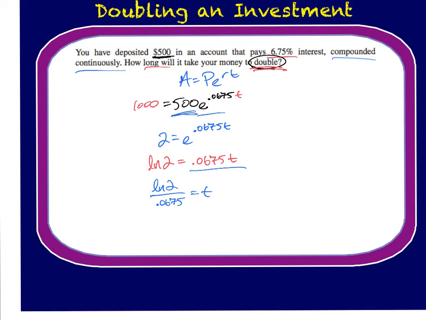I don't know what that number is, so we need our handy dandy calculator. Angela, you got the number? What we got? 10.2688. So it only takes just a little over 10 years to double at that rate.